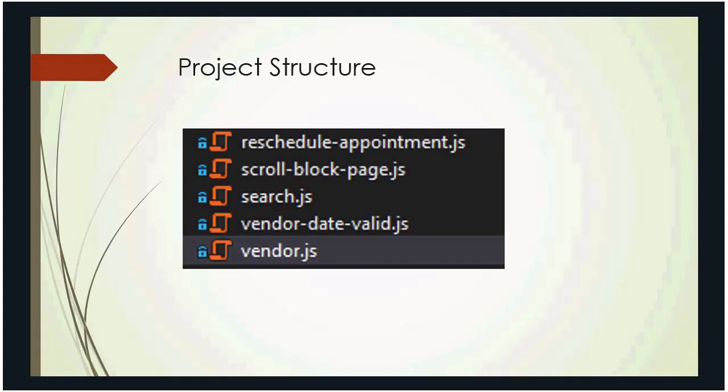Another file is the reschedule appointment, a JavaScript designed for a feature or a page. It contains the code that allows the user to perform such action. So both files are separated in the project, containing different functions. We can also see the search.js, which allows the user to find some content on the website.